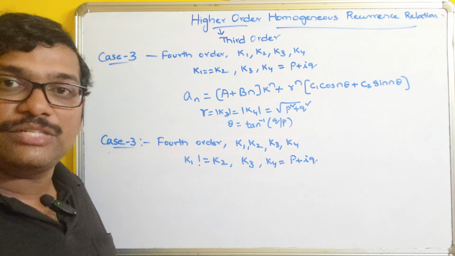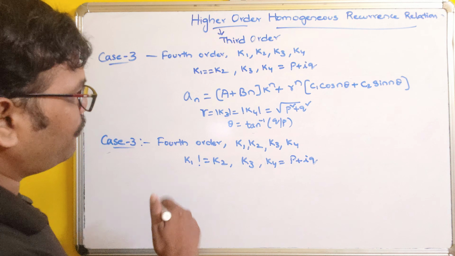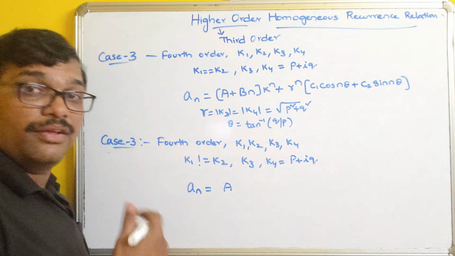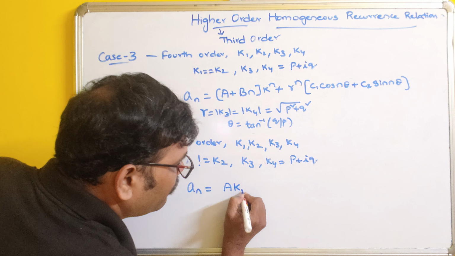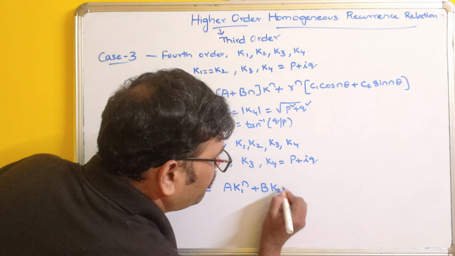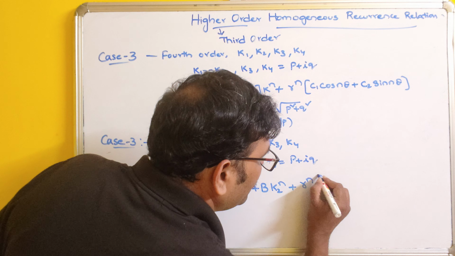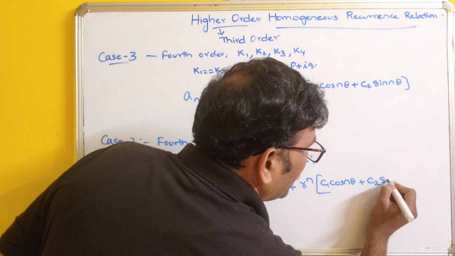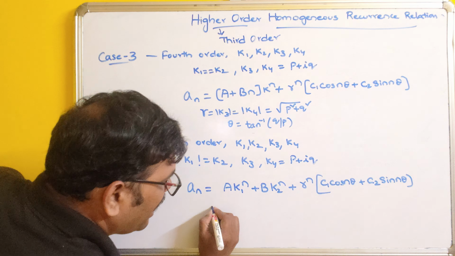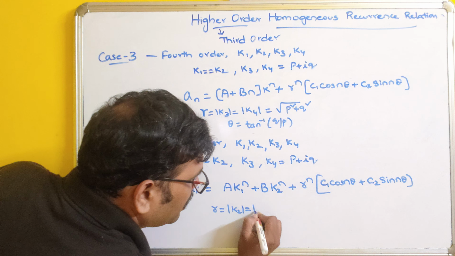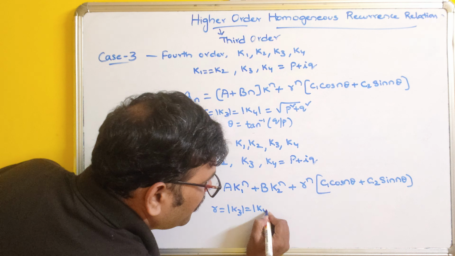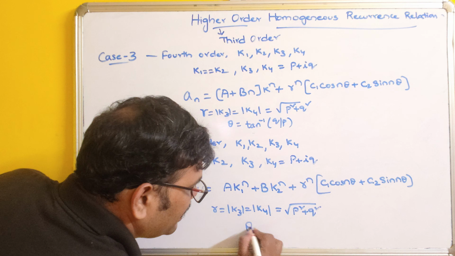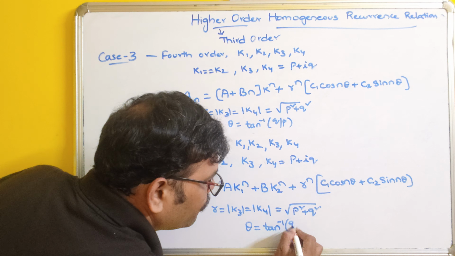If the roots are in this way, then the formula will be a_n = a·k1^n + b·k2^n + r^n (c1 cos nθ + c2 sin nθ), where r = |k3| = |k4| = √(p² + q²), and θ = tan⁻¹(q/p).